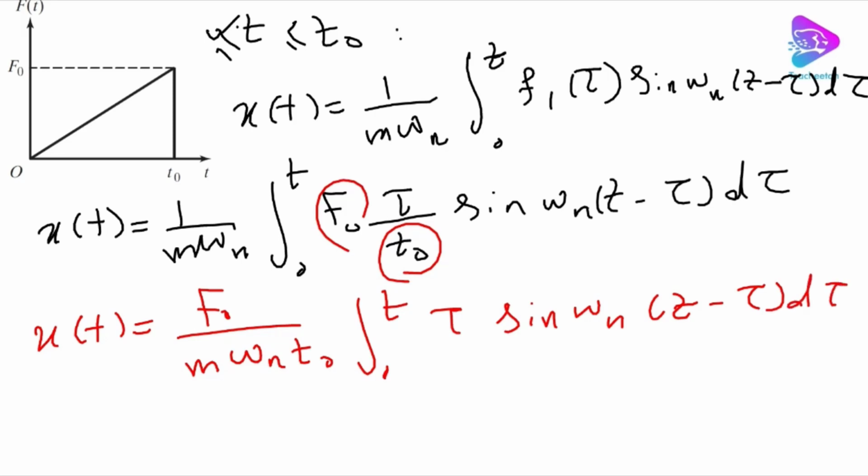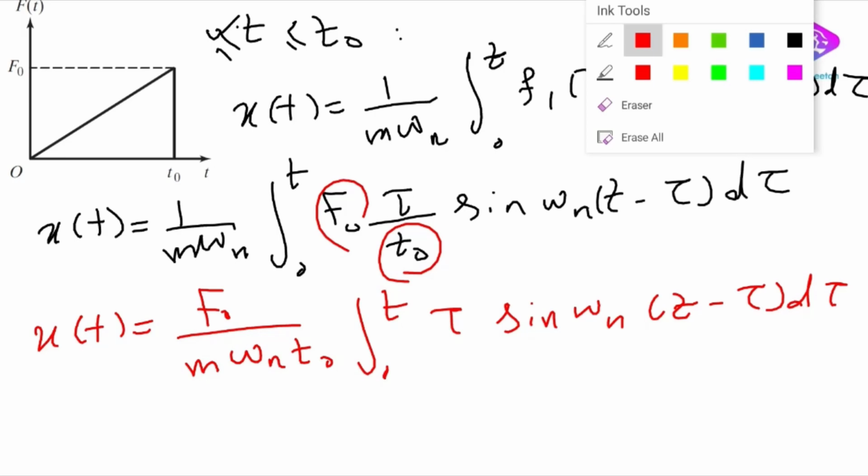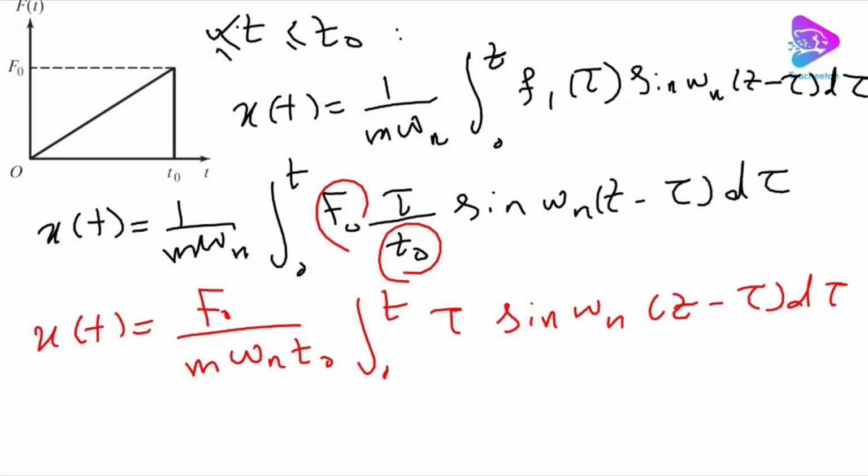To find this integral, we can use different approaches, but the simplest is to define a new variable, set t minus tau equal to u, and then do the integration by parts. Basically you need to find d tau and du, and then integrate by parts. I don't want to go through the integration because we have done that before.